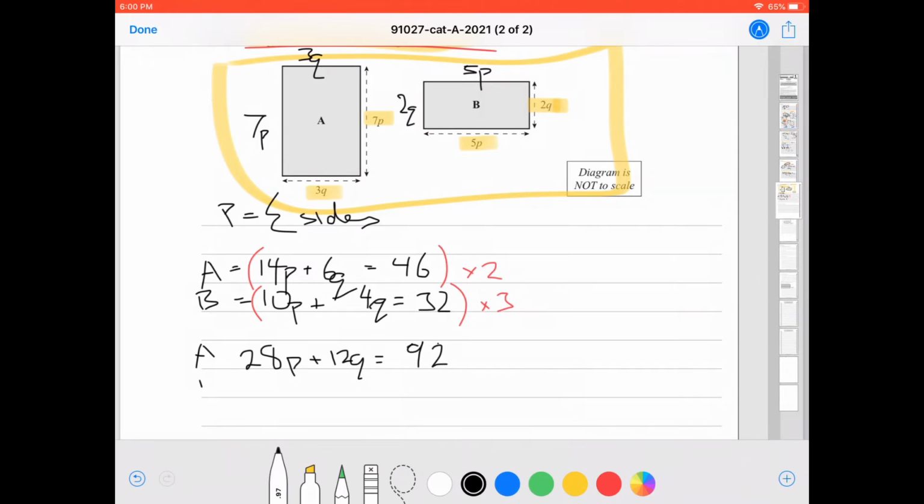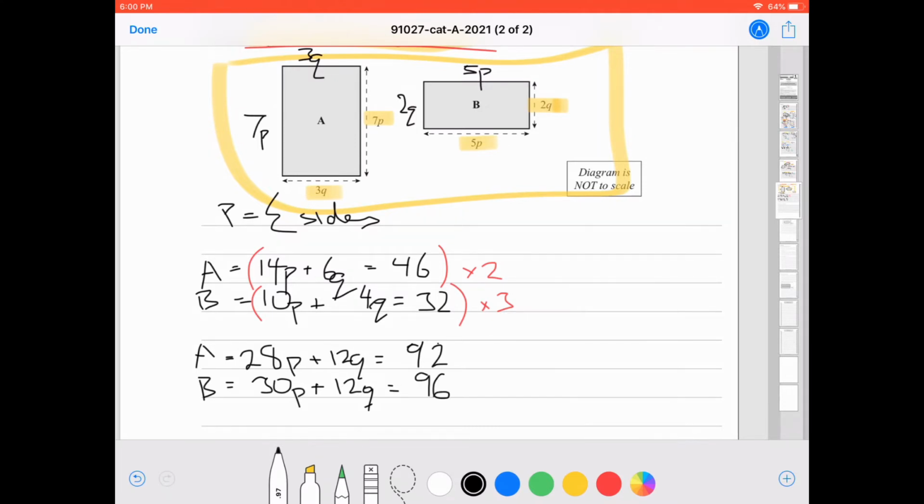And for equation B, 10 times 3 is 30p plus 12q, and that equals 32 times 3, which is 96.